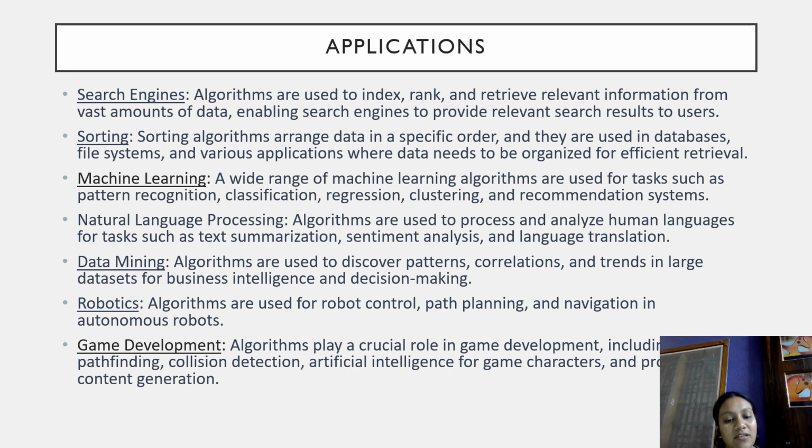Data mining. Algorithms are used to discover patterns, correlations, and trends in large data sets for business intelligence and decision making. Robotics. Algorithms are used for robot control, path planning, and navigation in autonomous robots.